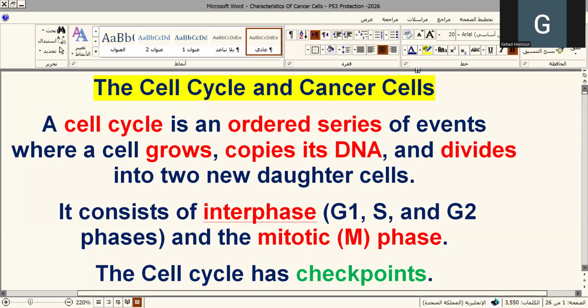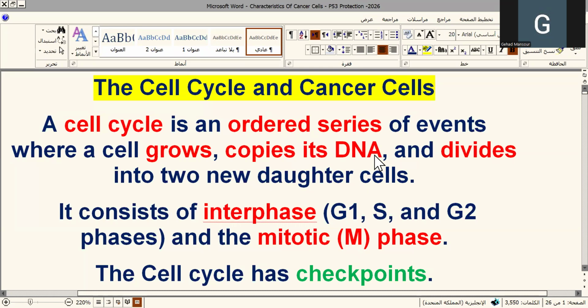Good morning. In this video, we are going to explain the characteristics of cancer cells in a simplified way, and the effect of the inhibitory protein called P53 in protecting the body against cancer.